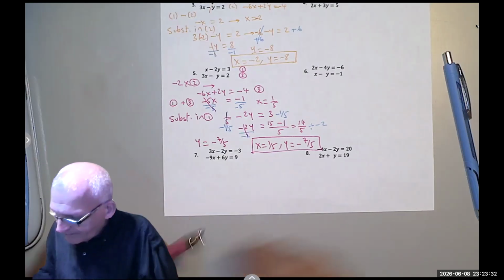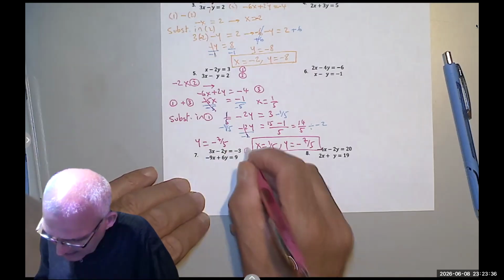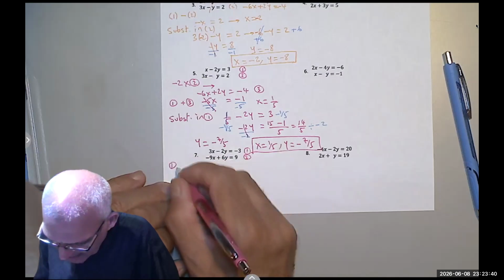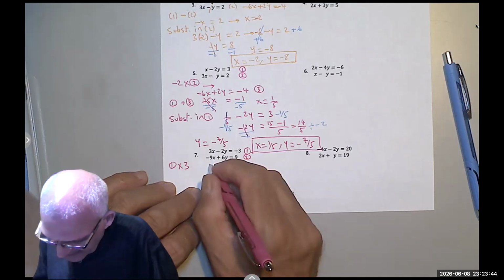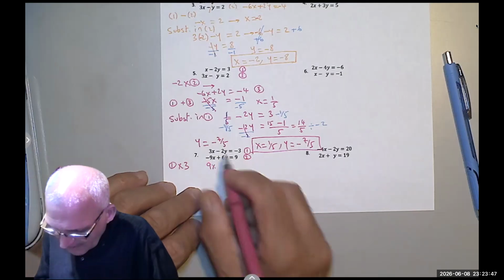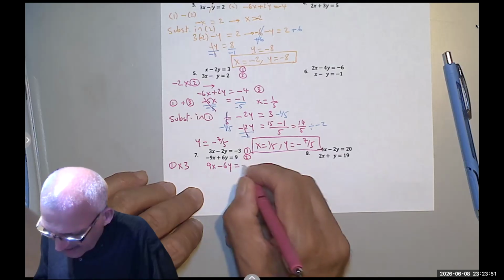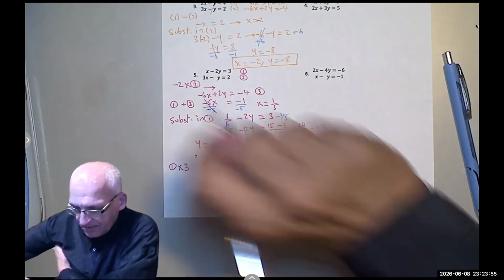Let's see. I'm going to multiply 1 times 3, or 3 times 1. Multiplying the top by 3, I get 9x minus 6y equals negative 9. And I'm going to call that equation number 3.